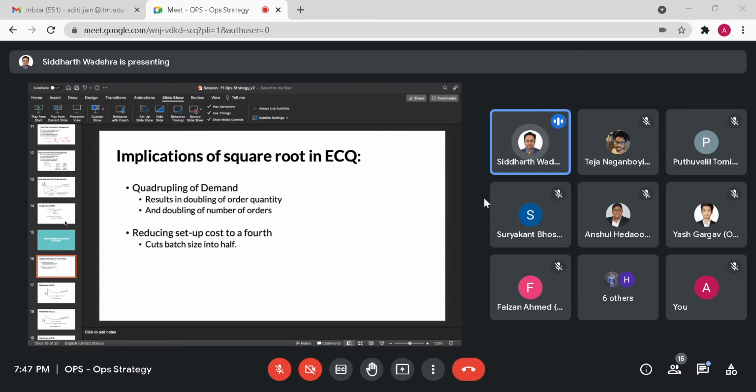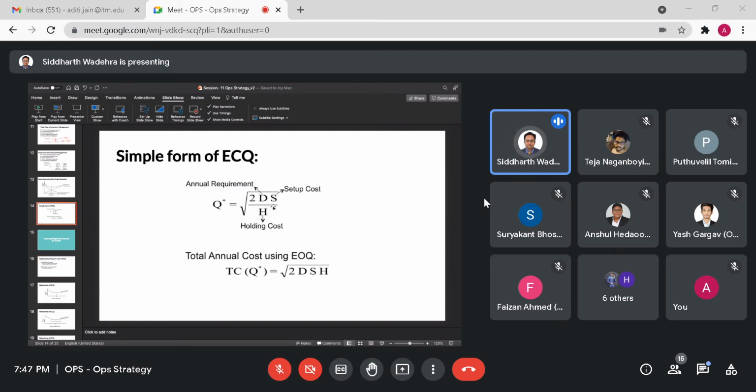So don't worry too much about it. Just remember what Q star is, the formula for Q star in terms of EOQ, the optimal order quantity, and understand that the total cost is represented by the square root of 2DSH.